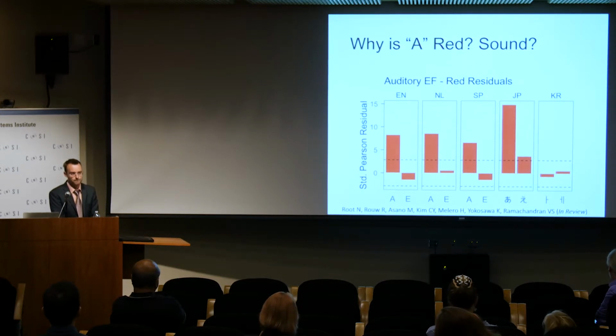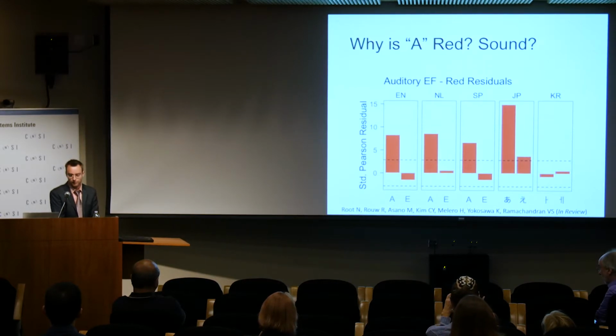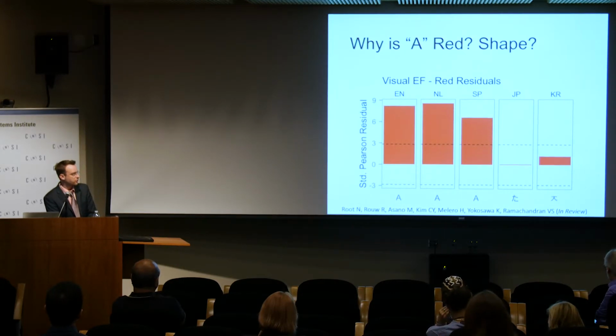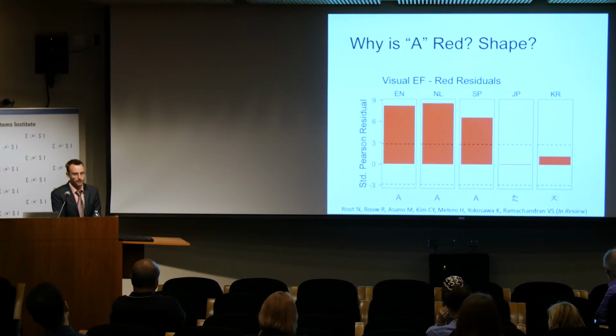And so the auditory hypothesis, the sound hypothesis, is not consistent in all of our languages. We can look at shape too. We can look at the most visually similar shapes to A in languages that don't use the Roman alphabet, and they are also not red more than chance.